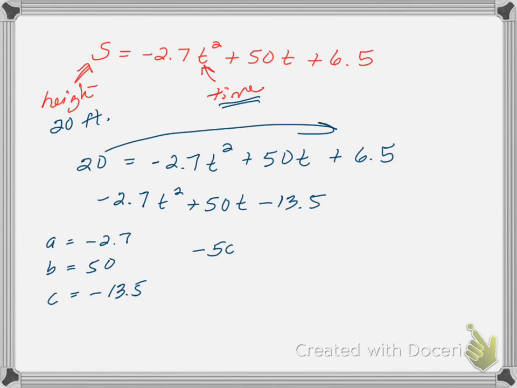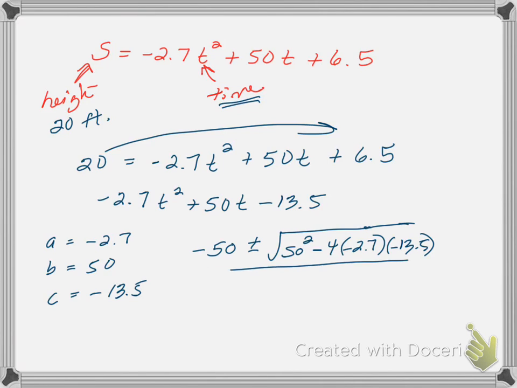So you have negative 50 plus or minus the square root of 50 squared minus 4 times negative 2.7 times negative 13.5, all over 2 times negative 2.7. Once you plug into the quadratic formula, now you plug that into your calculator.